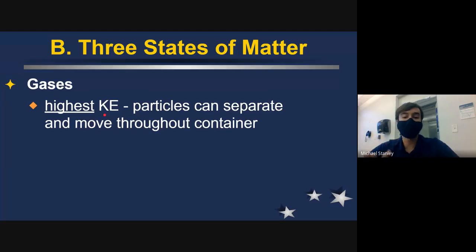So the particles in a gas can move and separate and fly around really fast all around one another. All right, so instead of being sort of stuck together like in a liquid, in gases, the particles are totally separate from each other and zooming all around wherever you put them.